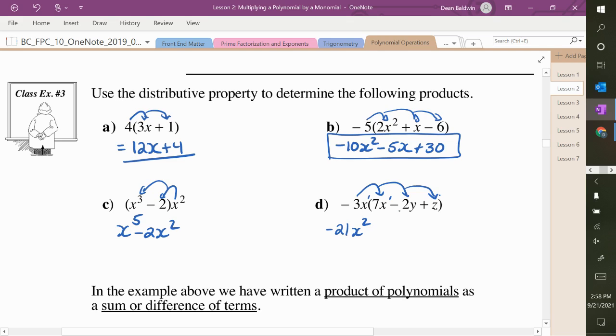Then it's negative 3x times negative 2y. Do the numbers first. Negative 3 times negative 2. Can you multiply x and y together? No, so you just write x times y, xy. That's all you write. You can't do anything to simplify that. And what is the last one when you multiply it by z? Negative 3xz.